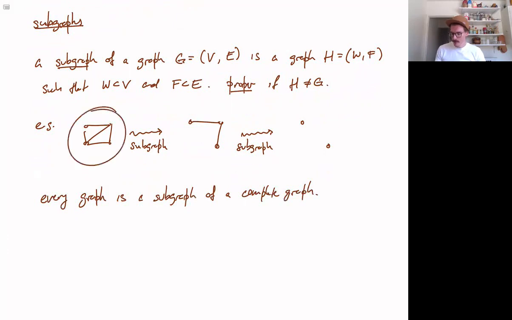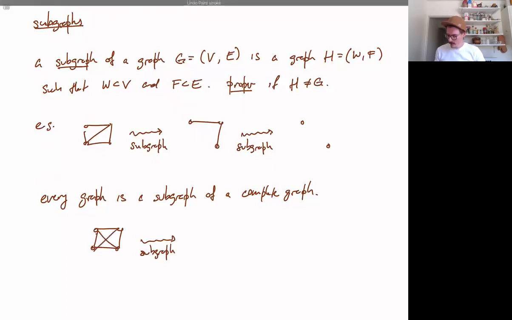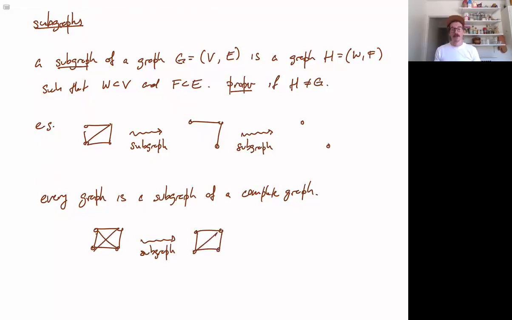So for example, this guy we started with up here, we could have taken the complete graph on 4 vertices, and we could take the subgraph that just leaves out this one edge. So that gives us our guy that we started with up there. And you can do this for any graph just by taking the complete graph with the same number of vertices and deleting some of the edges.